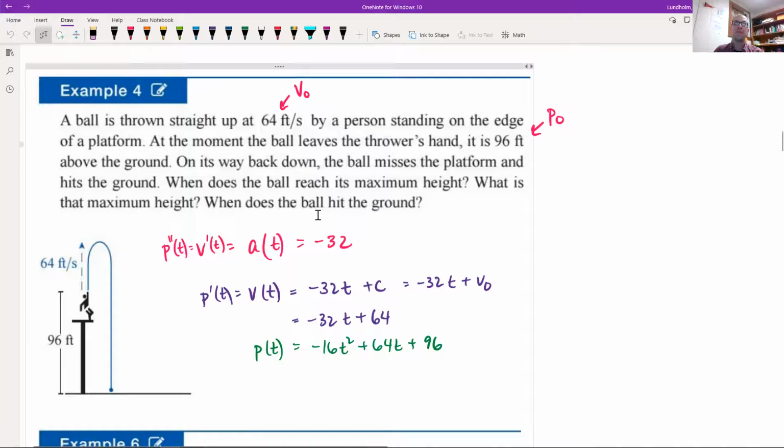So having information about the second derivative and then 2 initial conditions at the velocity and position levels allows us to get a quadratic function that describes the height of this ball at any time t. And once you know that, you can do the maximum height, or when does it reach that, and all that good stuff. I'm not concerned with that. But here, we use antiderivatives twice.